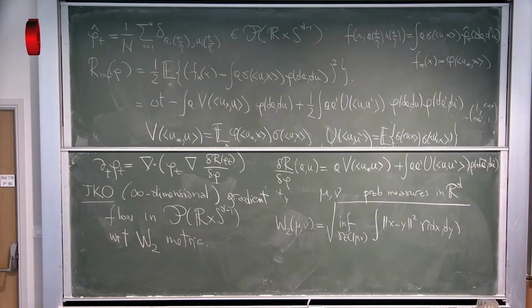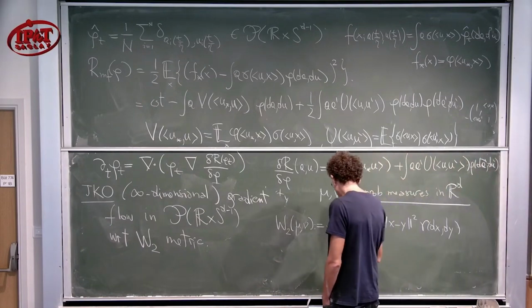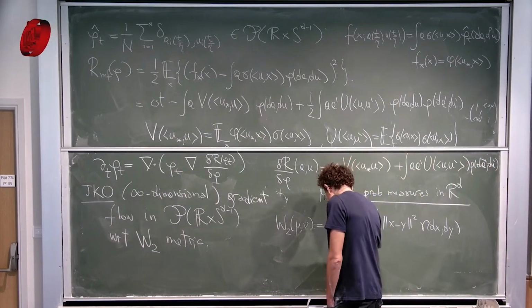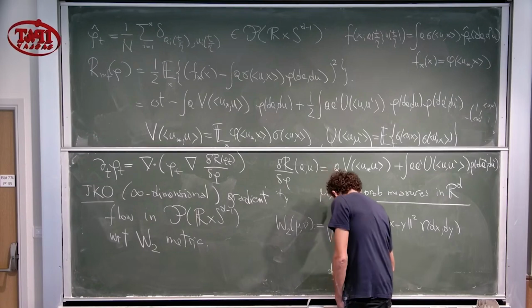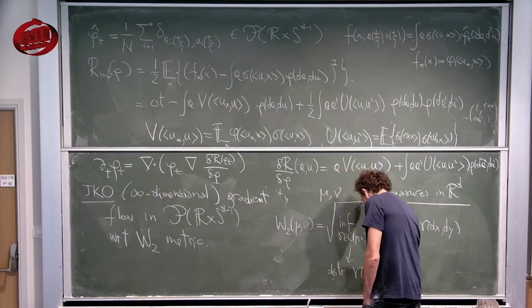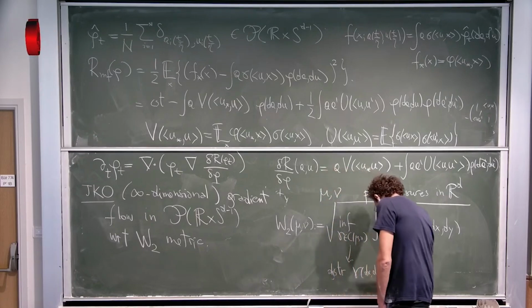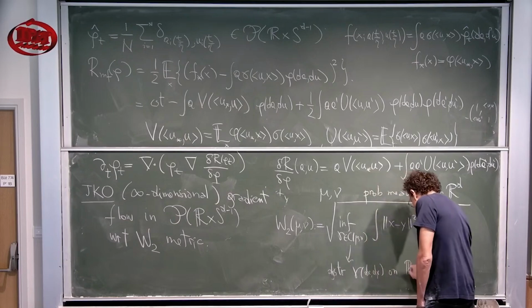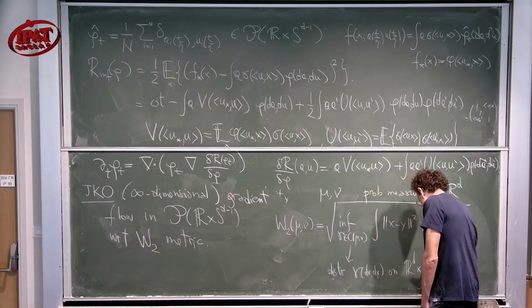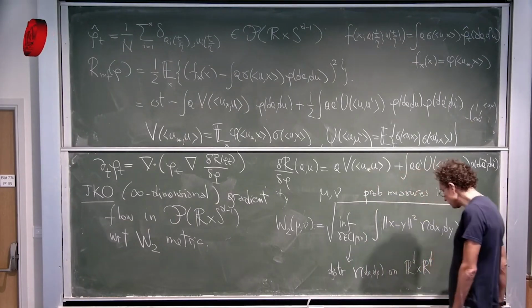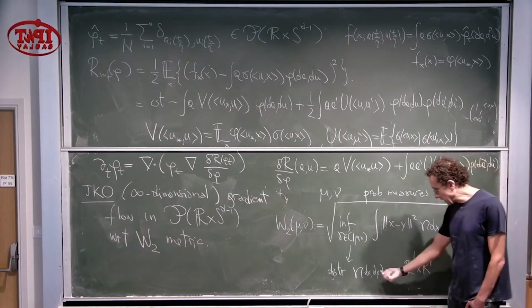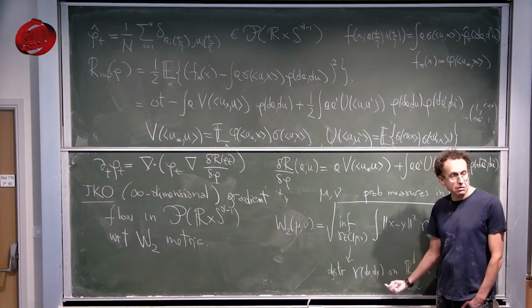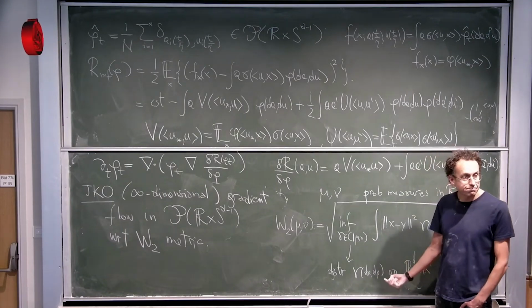So what is a coupling of mu and nu? It is a joint distribution gamma(dx dy) on R^d times R^d, such that the first marginal of gamma is equal to mu and the second marginal is equal to nu.